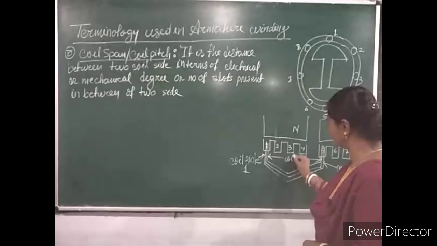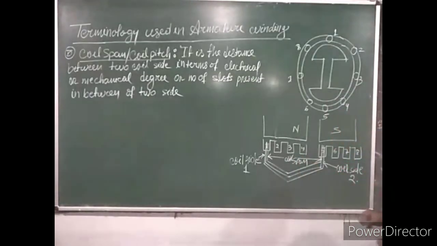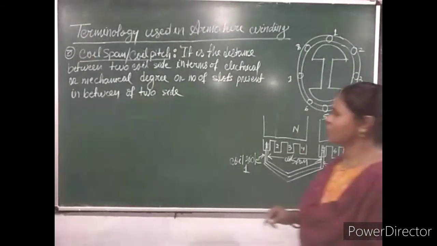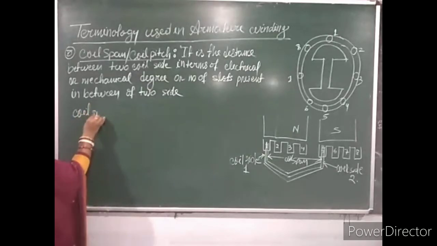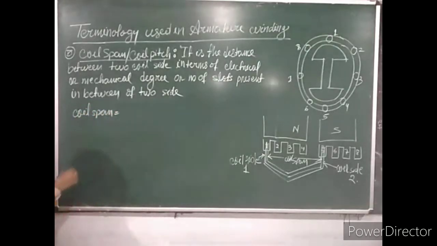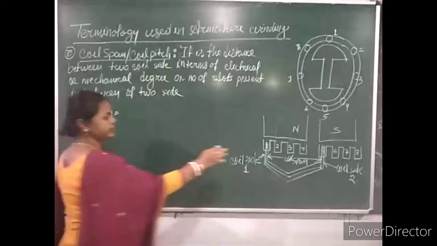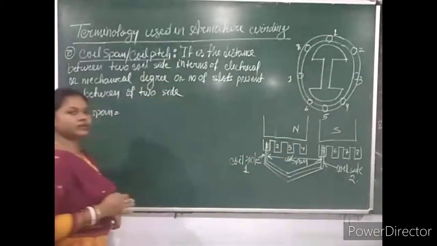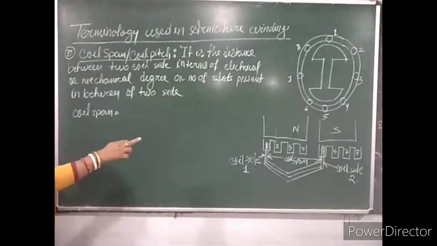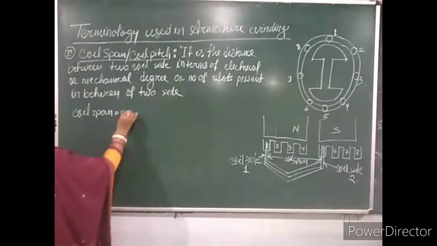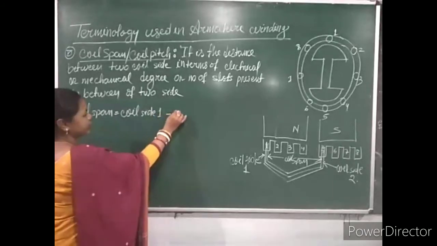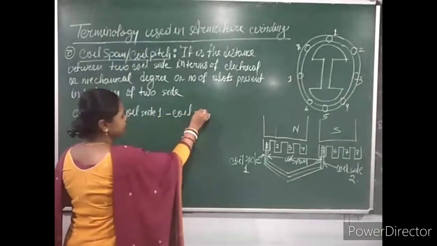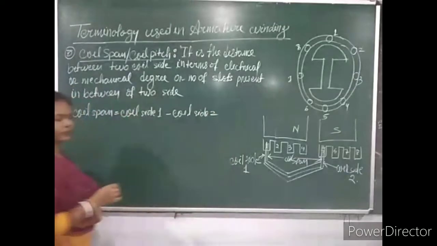And this one is called the coil span or coil pitch. You may say that coil span is equal to the starting point minus the ending point of the coil, or coil side 1 minus coil side 2.